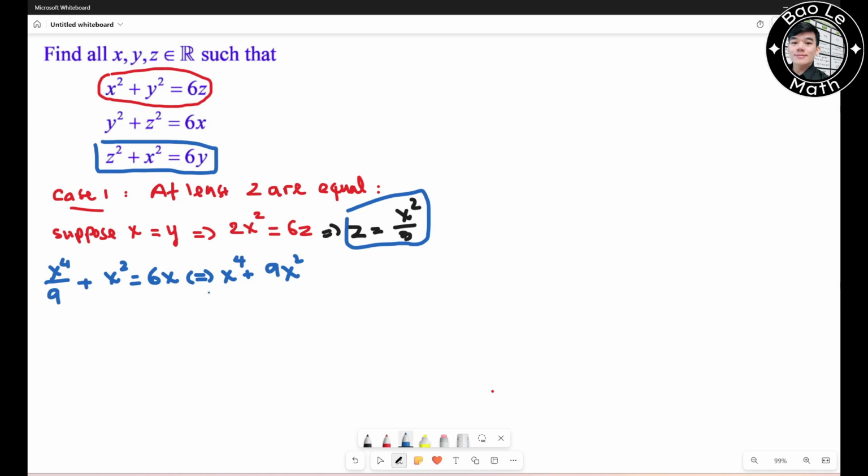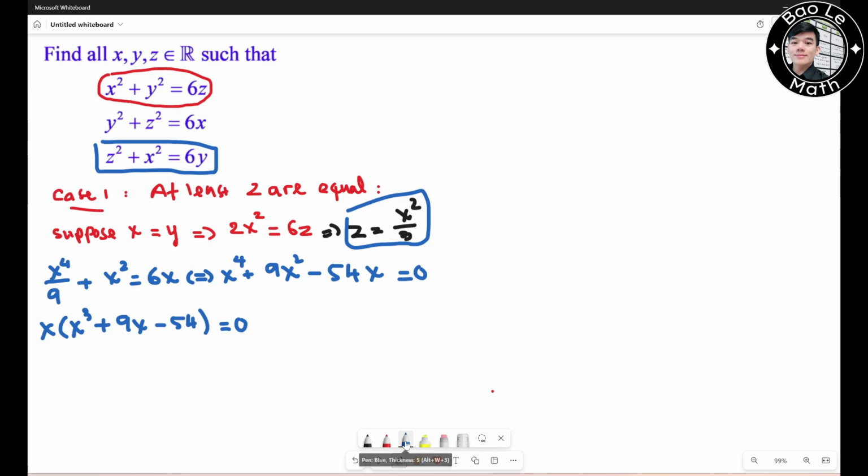I subtract 54x from both sides, so it's x to the 4 plus 9x squared minus 54x equals 0. Factor x out, so it turns out to be x times x cubed plus 9x minus 54 equals 0.